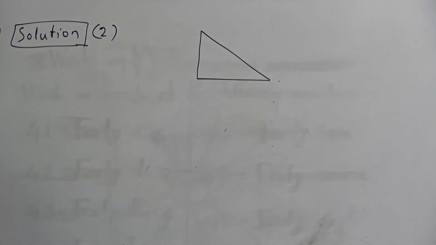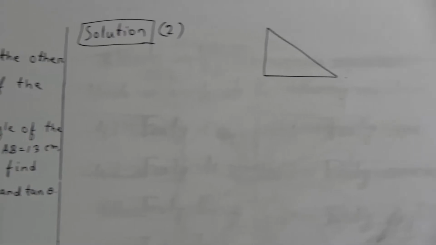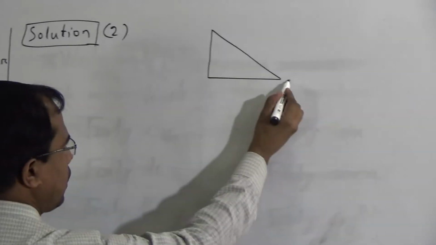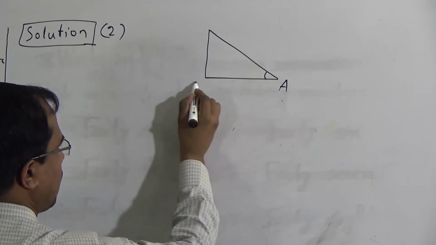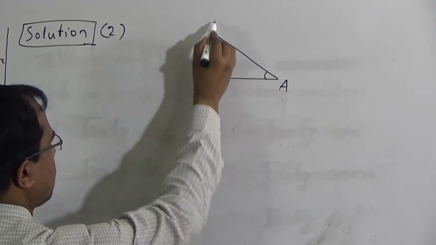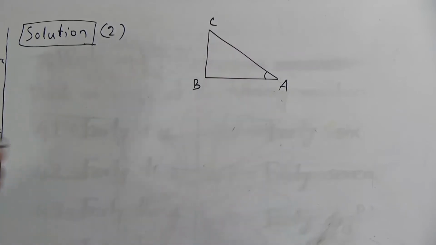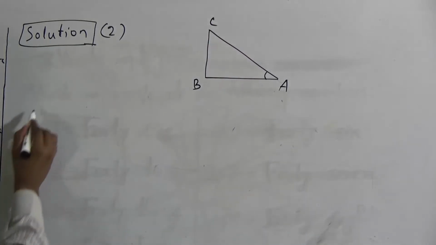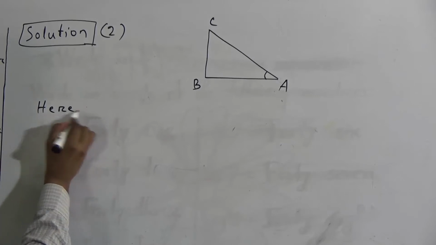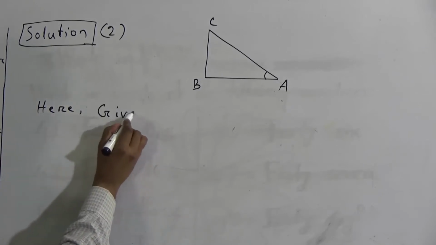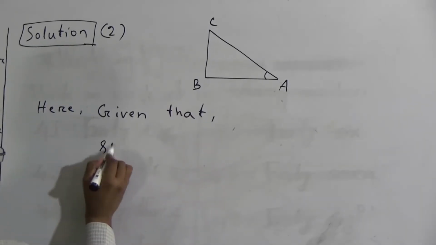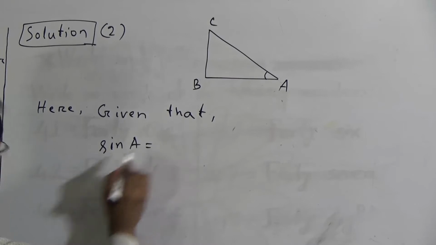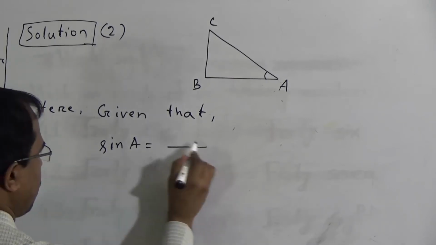Here angle A, sine A equal to 3 by 4. So here we have to put A here. Then we can put B here and C here. Given that sine A equal to 3 by 4.